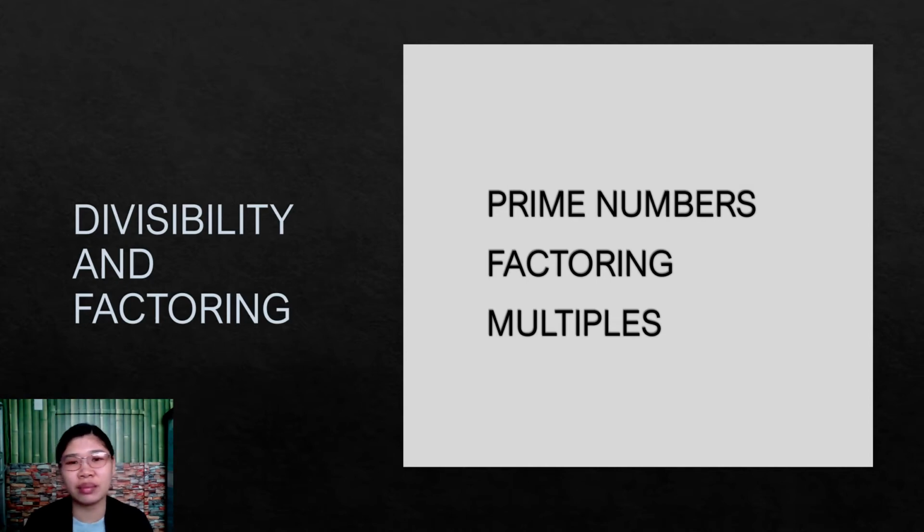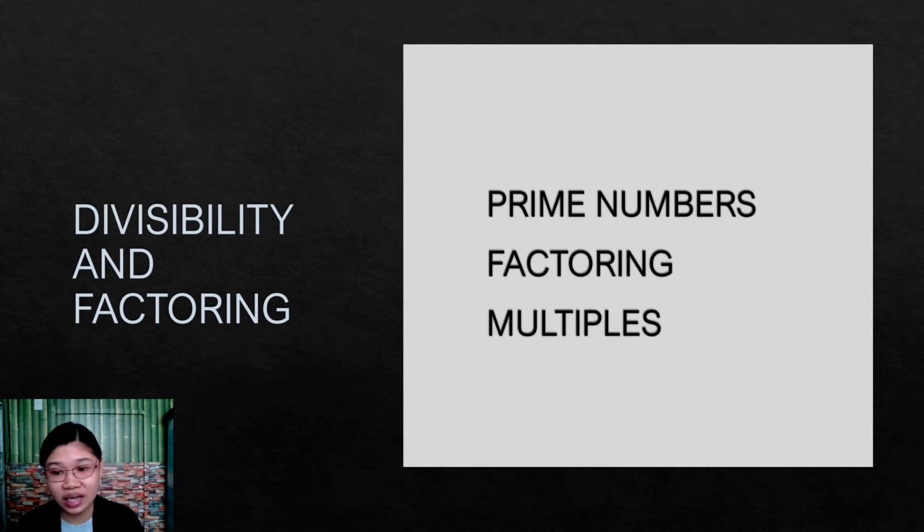So, prime numbers. What are those prime numbers? A prime number, or sometimes it is called a prime, is a natural number which has exactly two distinct natural number divisors. So what are those divisors? That is 1 and itself. So for example, 2. Those divisors are 2 and 1.